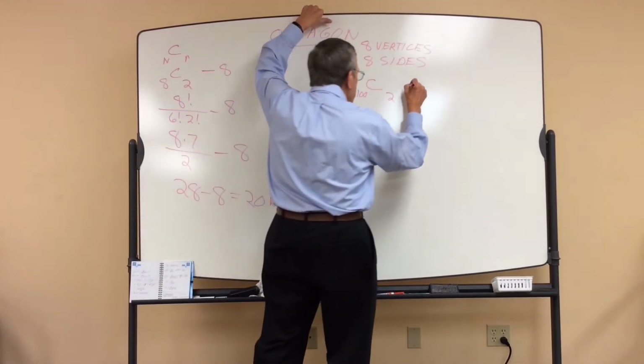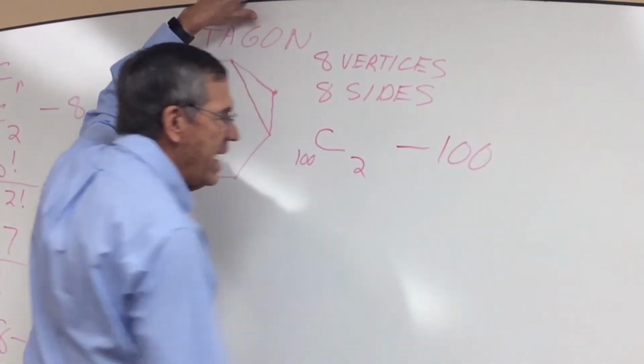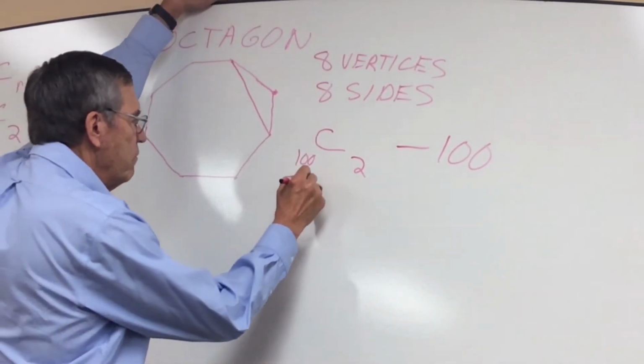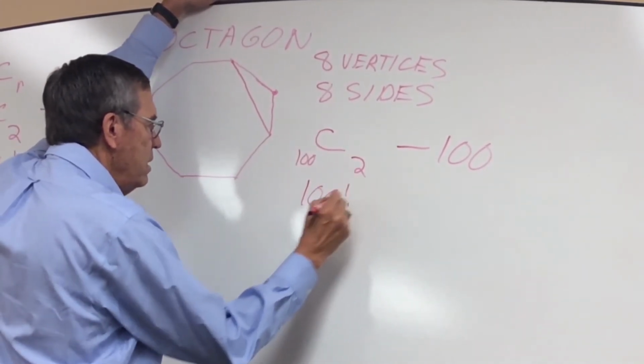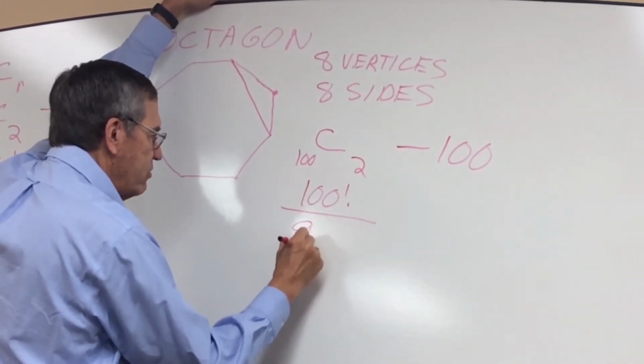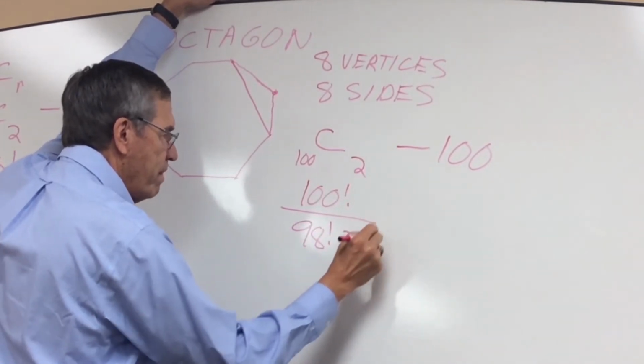We then have to subtract the 100 sides to make sure we focus on the resulting diagonals. So let's do this. We have 100 factorial divided by 100 minus 2 is 98 factorial. And then we have the 2 factorial again.